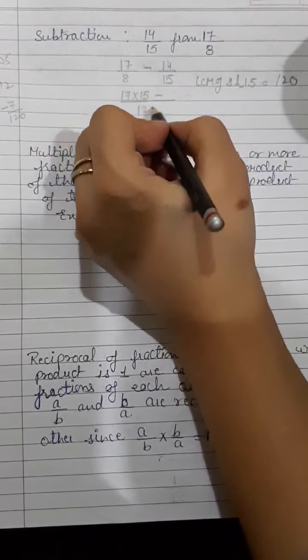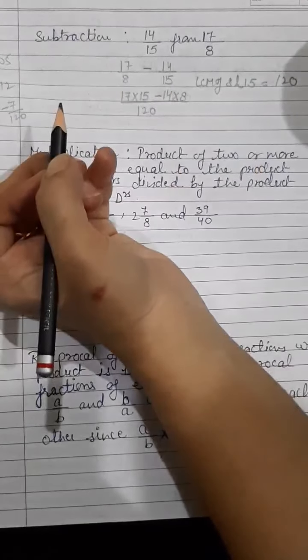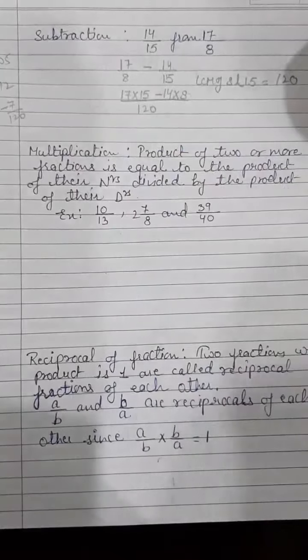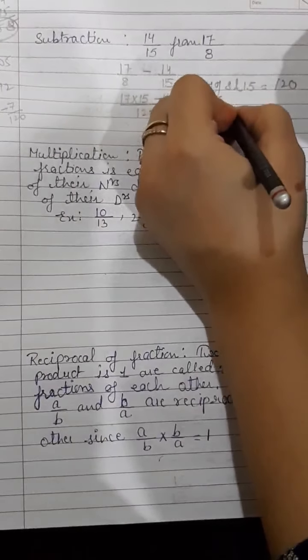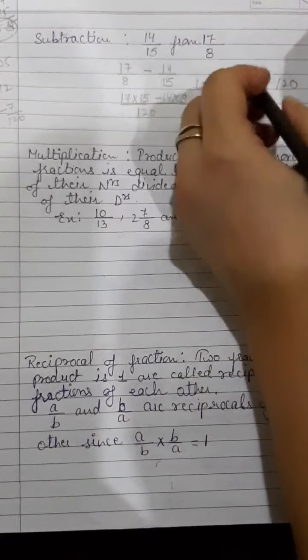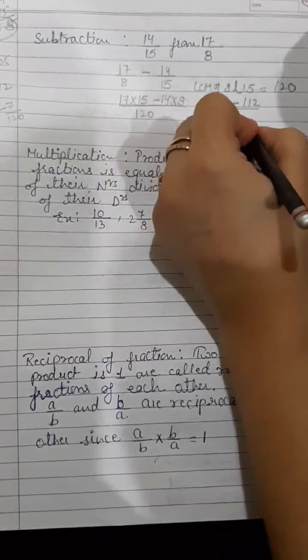And minus, 15 8s are 120. So 14 into 8 you have to do. Clear? Now 17 into 15 when you multiply, then 255 will come, minus 14 8s are 112 upon 120.